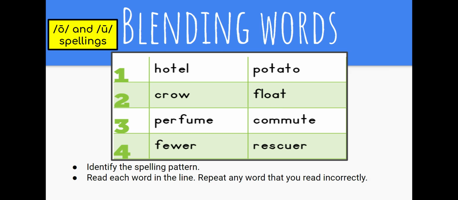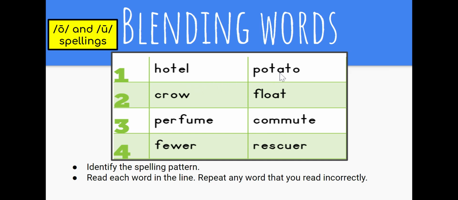Alrighty, Kipsters. Now that you've identified the spelling pattern, let's try to read all 4 words correctly. I want to point out that here in line 2, this first word, there is a consonant blend. Cr. I also want to point out there's a consonant blend at the beginning of this word. Fl. All right, let's try reading these 4 words.